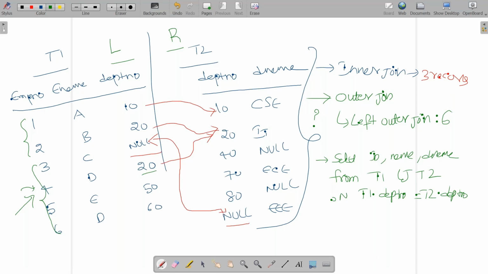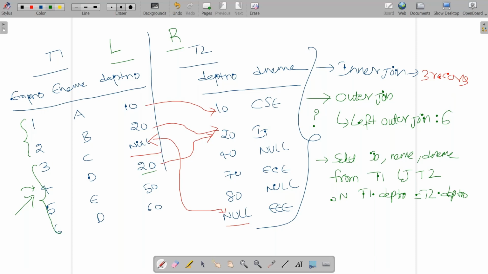Correct? Now, here you are displaying the department name also. For non-matching records, what is the department name it is showing? It is showing the null value for non-matching records. You got my point or not?